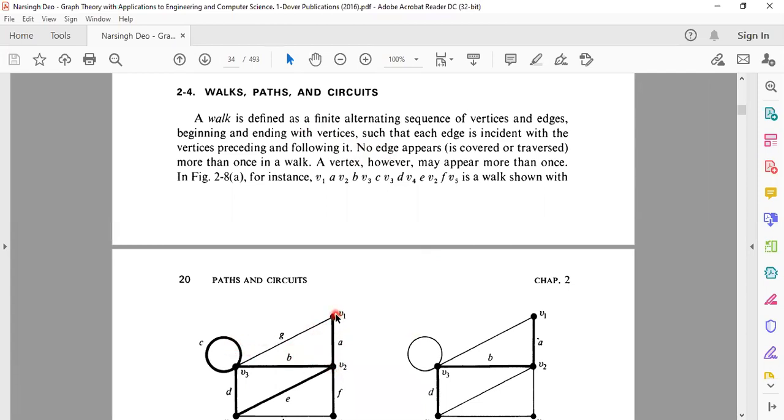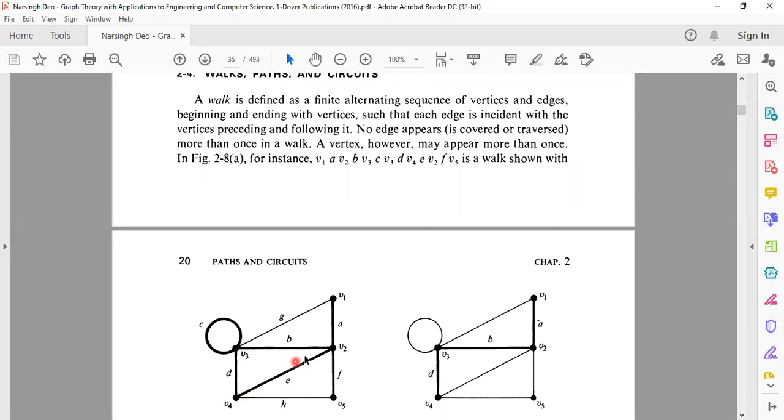with respect to this particular figure, if I start from this vertex, and if I move along this edge A and come to vertex V2, and then if I move along this edge B and come to vertex V3, and then if I trace this line C and come to vertex V3 once again, and then we come to the vertex V4 and then V2, then this will not be a walk.